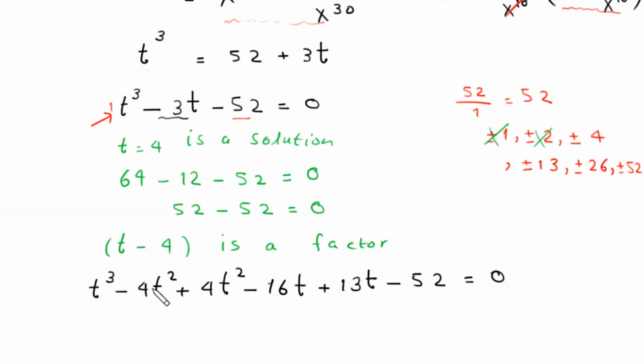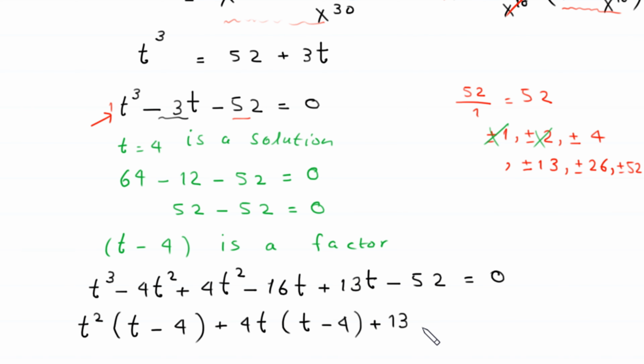From these two terms we can factor out t squared, in bracket t minus 4, and from these two terms we can factor out plus 4 times t, in bracket t minus 4, and from these two terms we can factor out plus 13, in bracket t minus 4 is equal to 0.